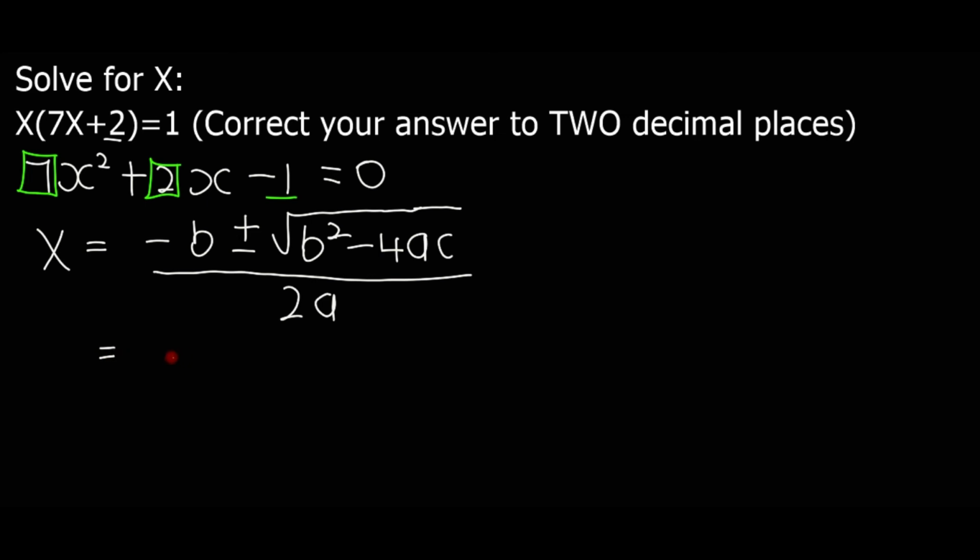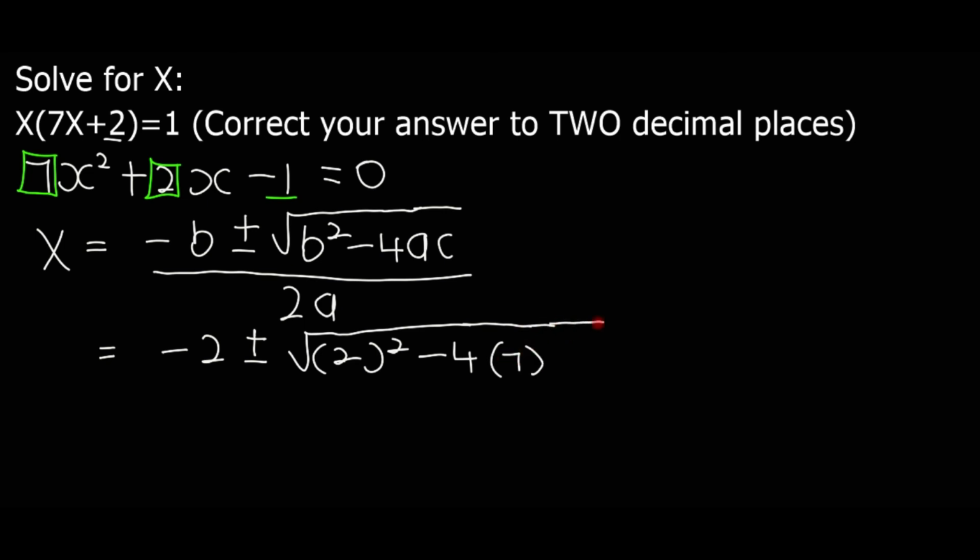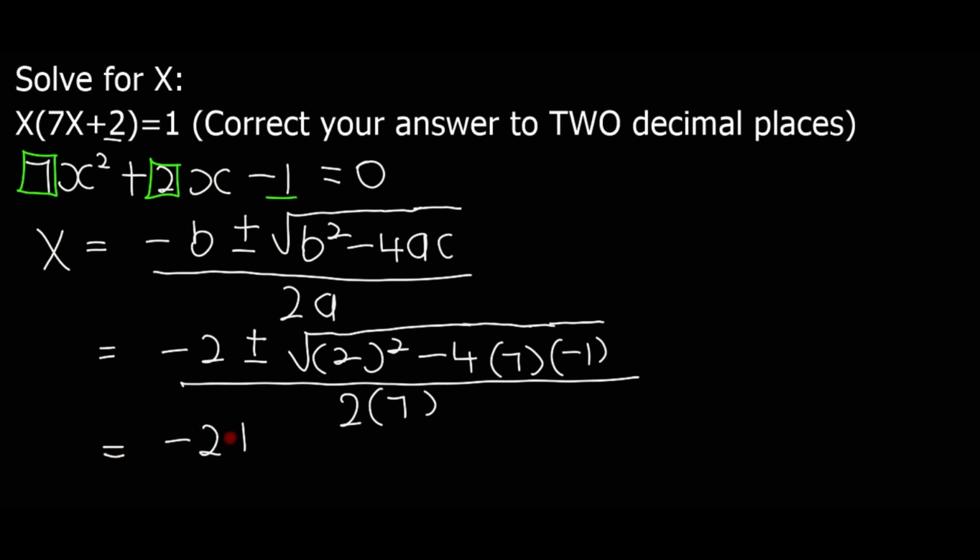So b are naki positive 2 plus or minus, and then b is 2 and then minus 4, and then a is 7, and then c is minus 1, and then kabali 2 times 7, and then from there ranale minus 2 plus.